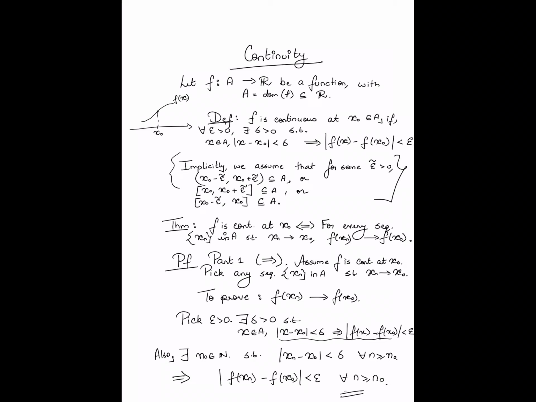Okay, so we have shown that if the function is continuous, then it satisfies the property that for any sequence xn converging to x naught, f of xn converges to f of x naught. So now it remains to prove the converse. Right, so I prove this side of the implication. Now, this side of the implication means that for every sequence, this is the hypothesis.